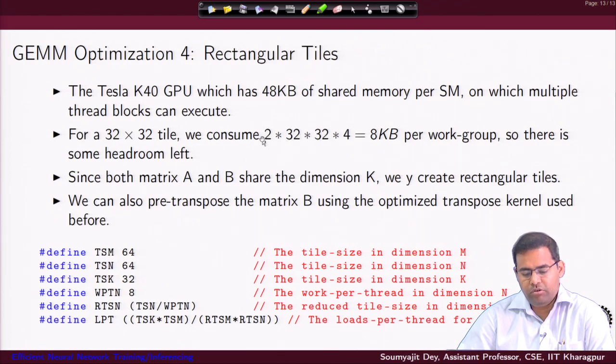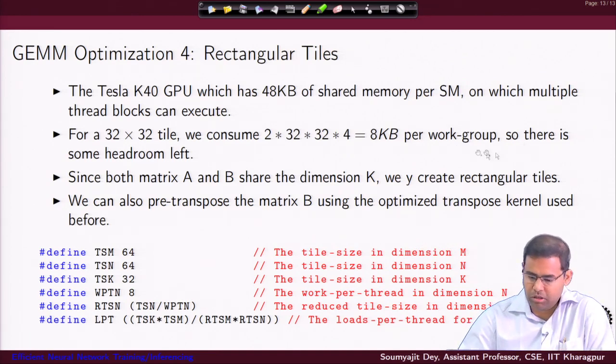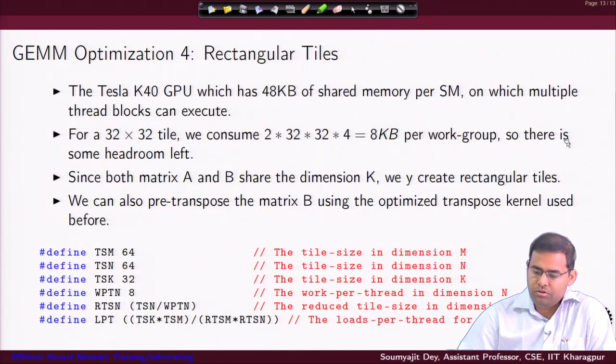So 32 cross 32 times 2 multiplied by 4 bytes because it is float, so 8 KB per work group, or let us say per block. That is not much. Why? Because even if we consider an old Kepler GPU like Tesla K40, it has 48 KB of shared memory.